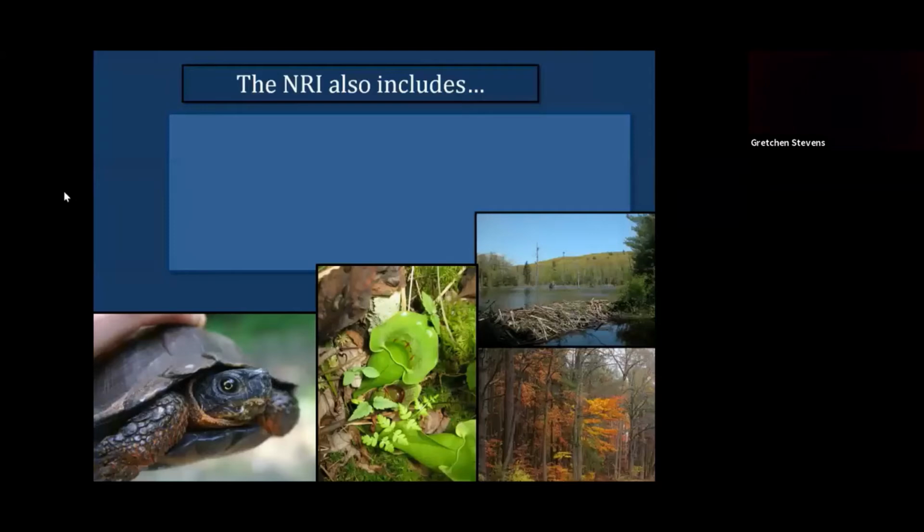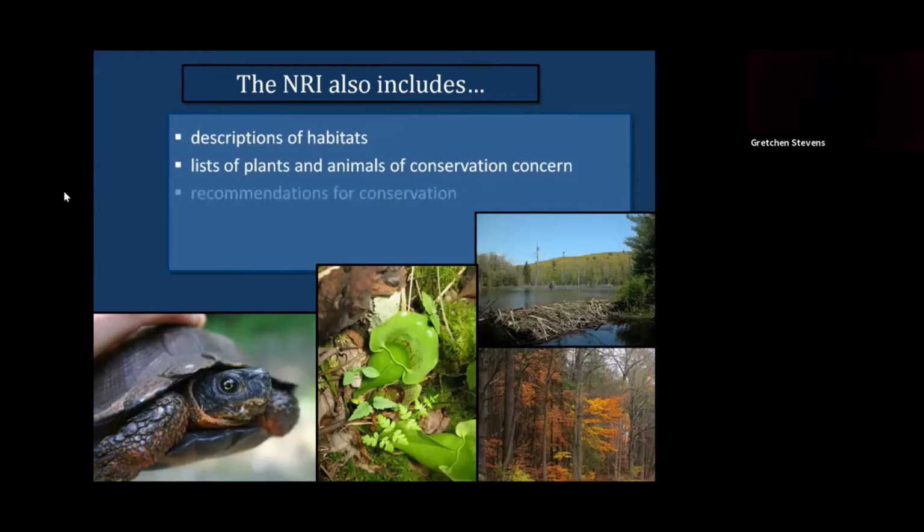In addition to the maps and descriptions of natural resources, the NRI also includes descriptions of habitats, lists of plants and animals of conservation concern, lots of recommendations for effective conservation, and lots of ideas for voluntary and regulatory protections of resources of concern.